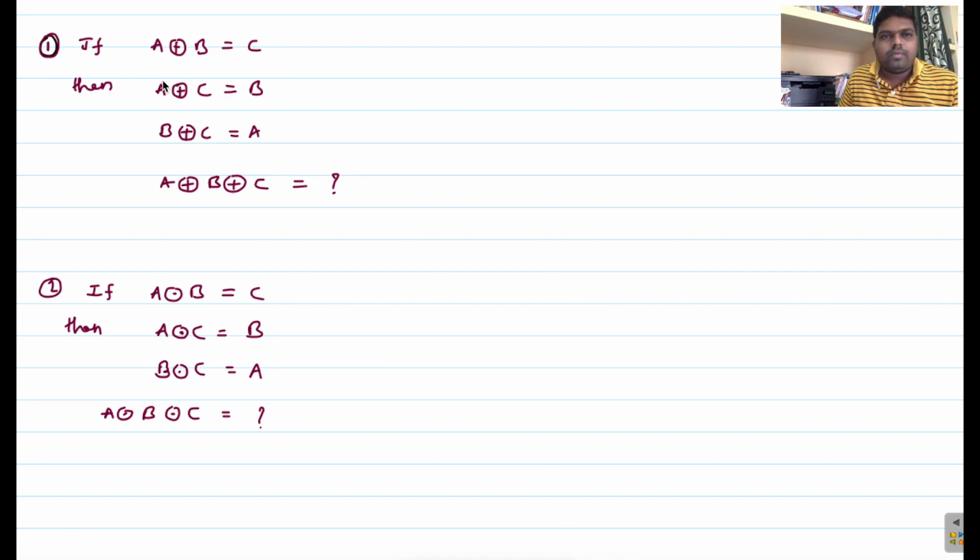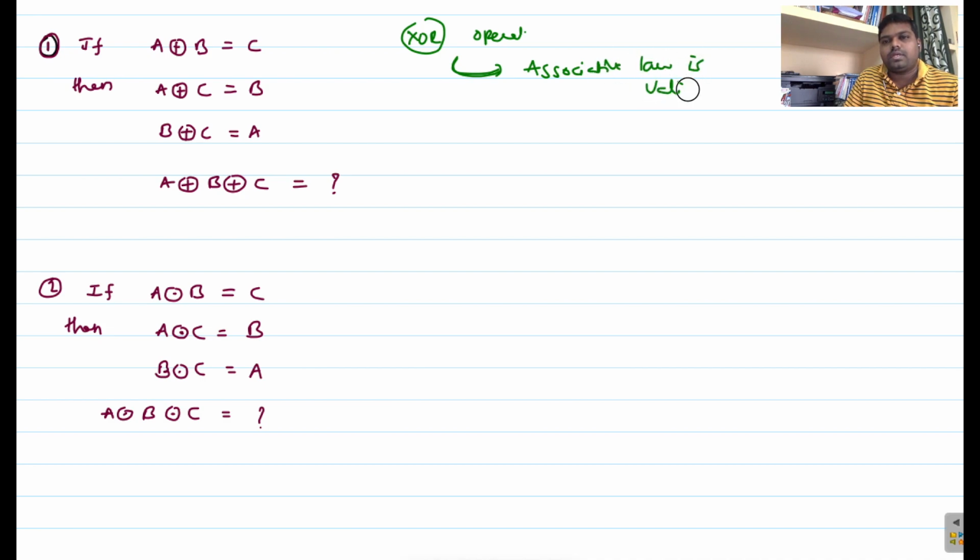So if you observe this problem: A XOR B equals C, A XOR C equals B, B XOR C equals A, then A XOR B XOR C equals what? This is the question. First you observe that the given operation is XOR only, so the associative law is applicable here.